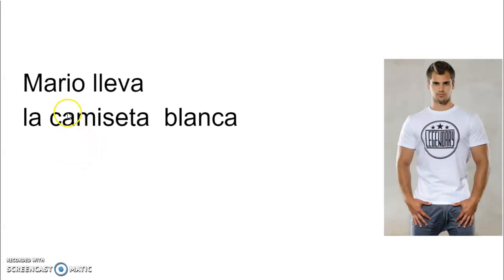We should have filled in Mario lleva la camiseta blanca. So the t-shirt white. Okay, he wears the white t-shirt is how we say that in English. And blanca ends in an A, just like camiseta. So think about what you answered. Think about if maybe you had one of these pieces missing, or maybe if you forgot to change blanco to blanca.